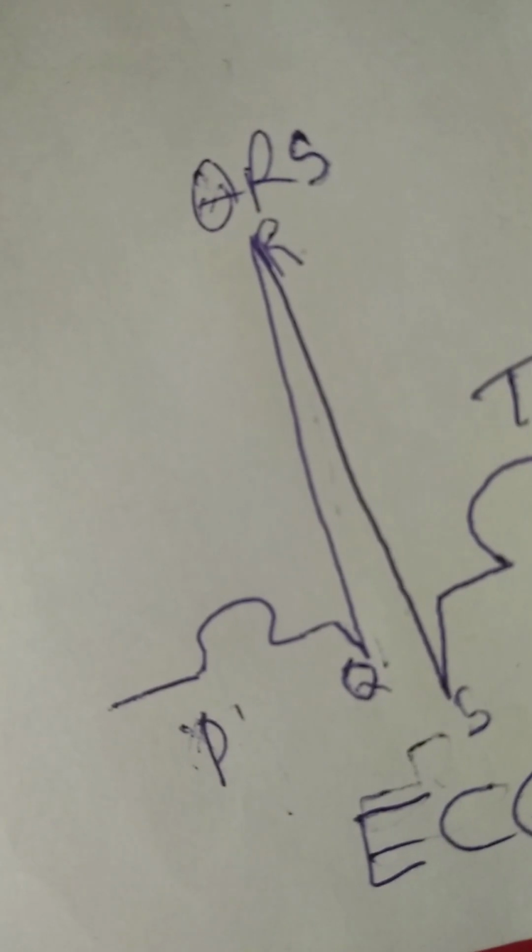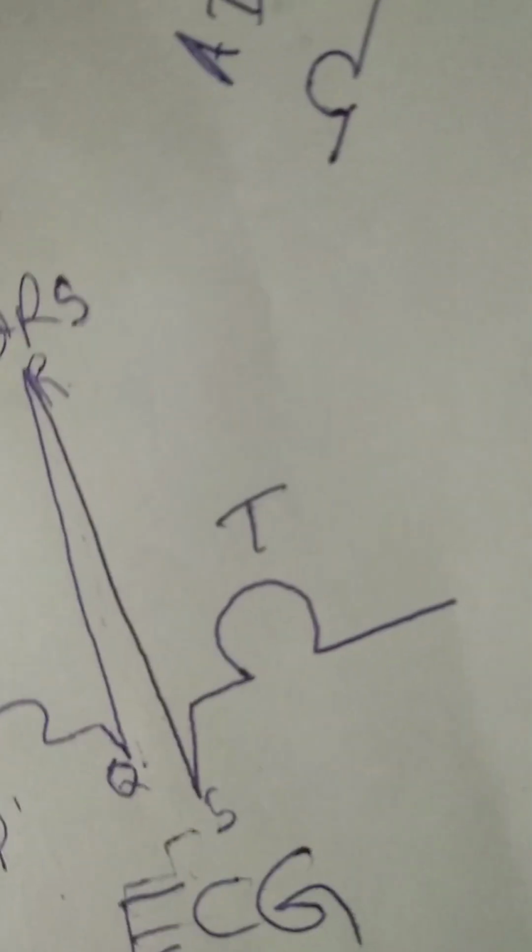Now the question arises: why is the QRS complex so tall, and why is the width of this interval so short? The answer is very simple. During the depolarization activity, when the depolarization spreads in the atrium, it takes some time. So that is the P wave.